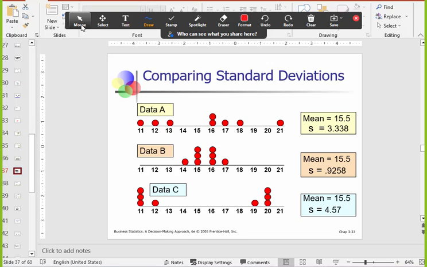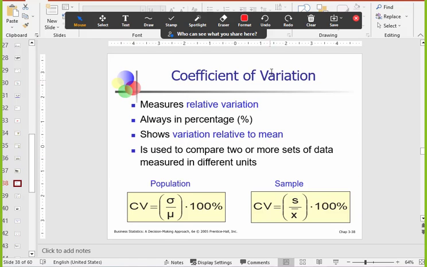So next we go to the next slide, and in this slide it is giving us the next indicator. This is called the coefficient of variation. First of all, before talking about the coefficient of variation, I will tell you the problem that we might face, the problem that the coefficient of variation tends to solve.